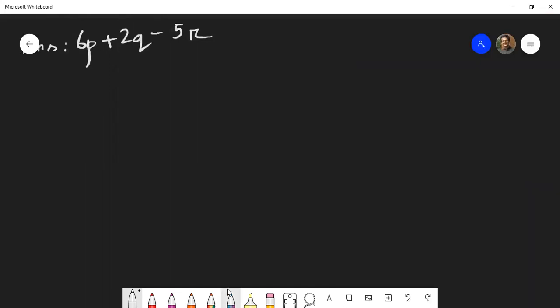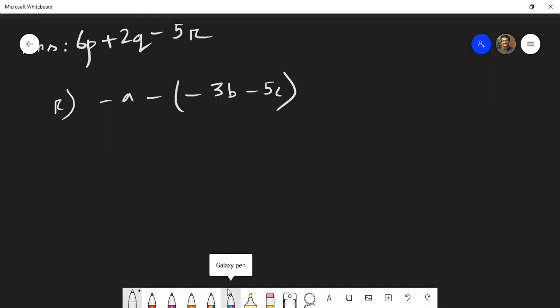Okay, let me give you the next question. It's the last one here. Negative a minus first bracket minus 3b minus 5c, first bracket closes.